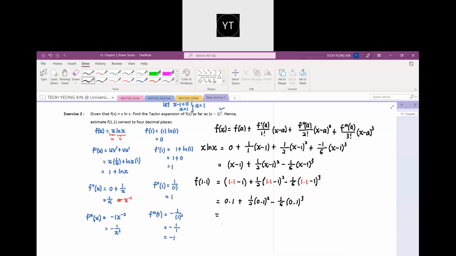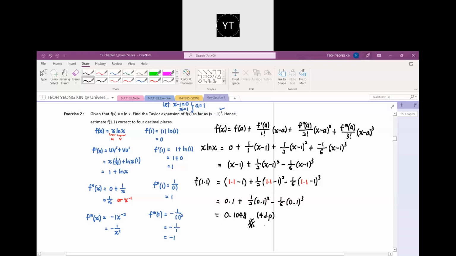So again, 0.1 plus 1 over 2, 0.1 squared minus 1 over 6, 0.1 cubed. Great. So here, up to 4 decimal places, 0.1048. So 4 decimal places.